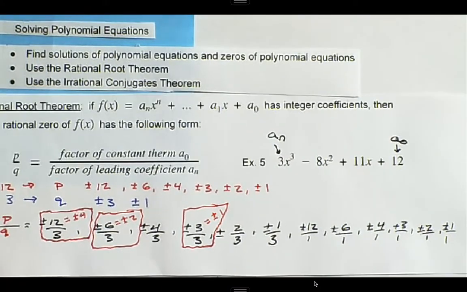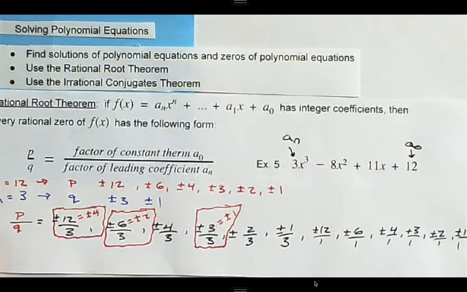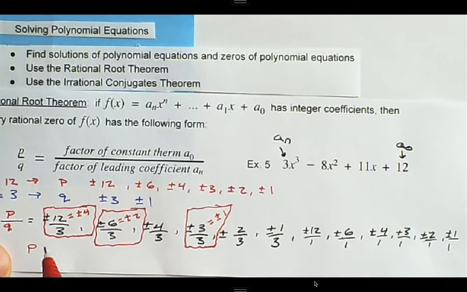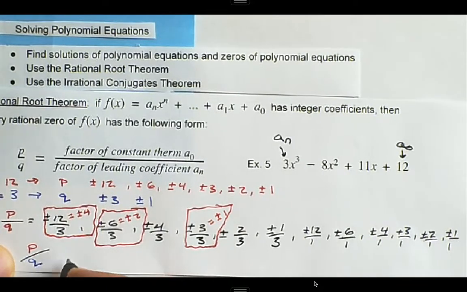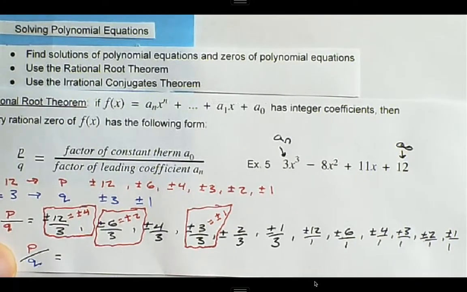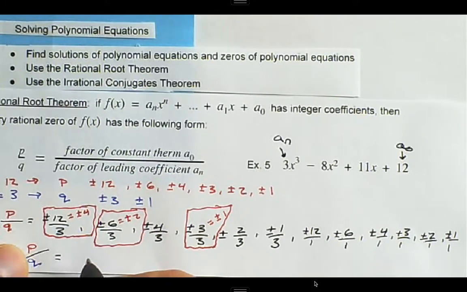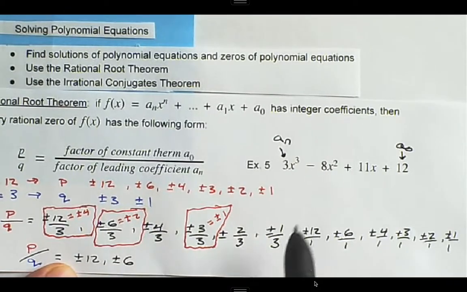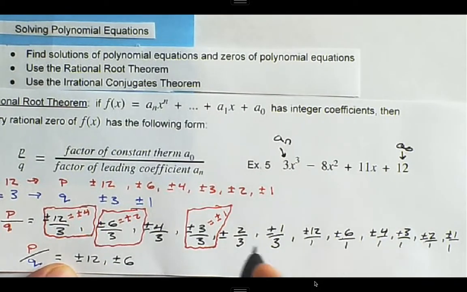So for our final answer, p divided by q is going to be equal to plus or minus 12, plus or minus 6. Those came from there. We have plus or minus 4 twice, but we only have to write it down once.